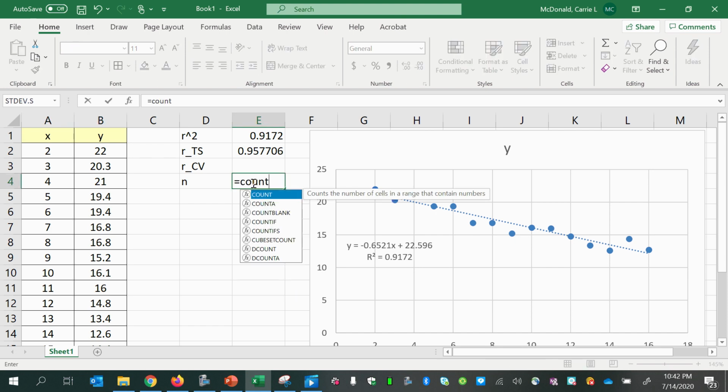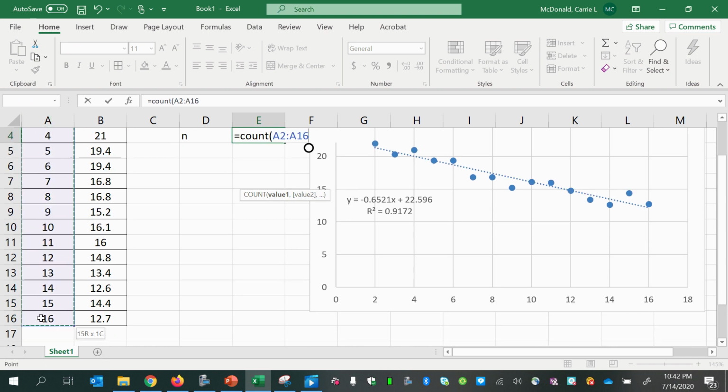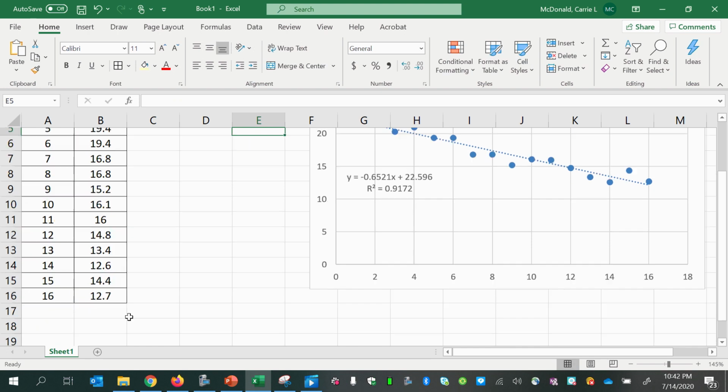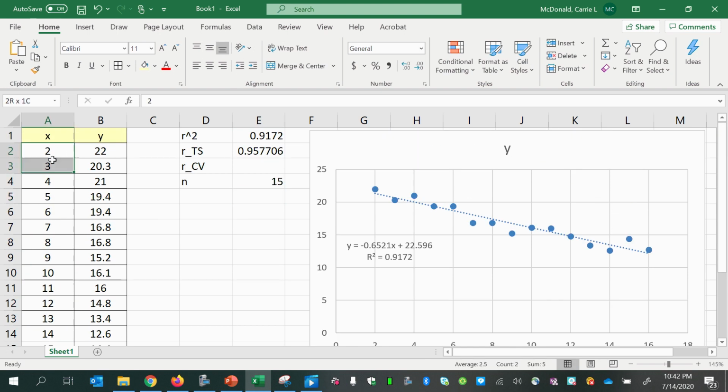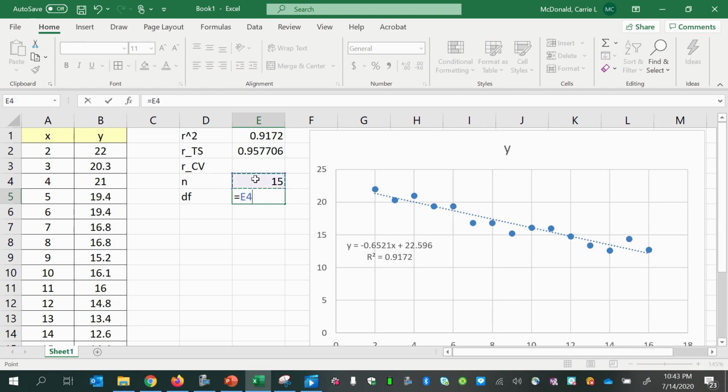Or we can use the count function and select the data. You only need to select one of the variables because they count as pairs. Then your degrees of freedom is n-2. So that's 15 minus 2, which is 13.